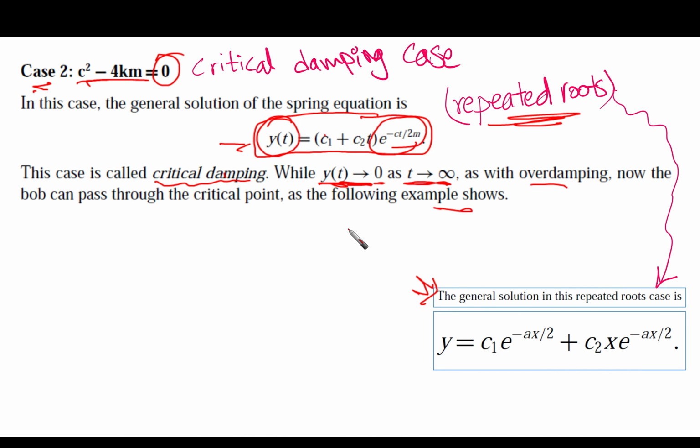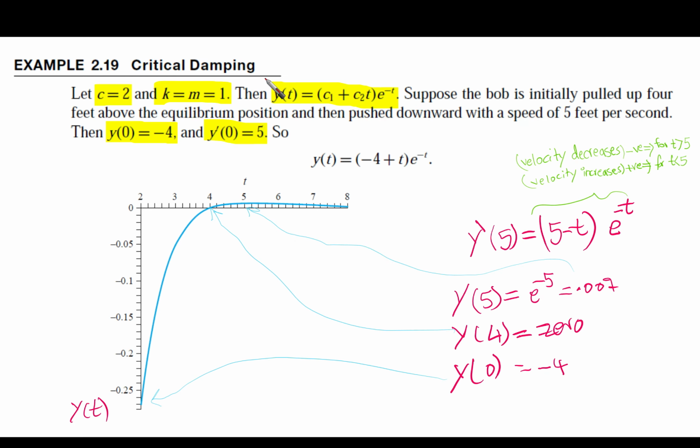Let's have an example here, and we're going to understand by numbers what this means. Let's assume that the damping coefficient is c equal to 2, and the stiffness and the mass are equal to 1. It is very clear that c squared minus 4km under the radical is going to be 0, right? c squared is 4, and 4km is also 4.